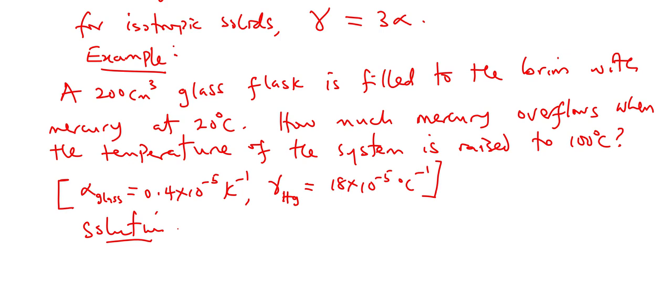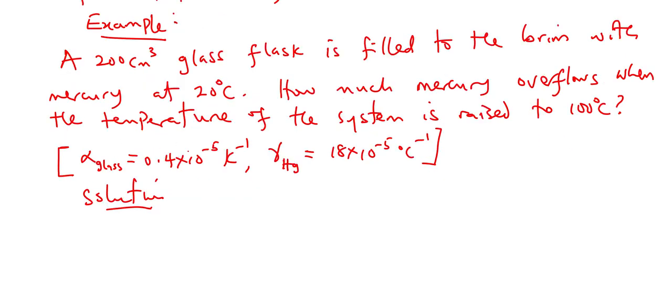So the question is very simple. We are told that there is a glass flask, let's say it is thin. It is now filled with mercury.